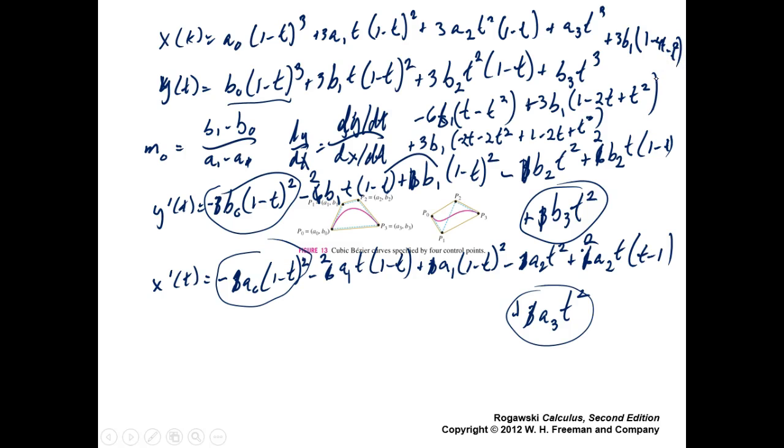Is that what they got? 1 minus 4t minus 3t squared. How did I get that? They got a plus.